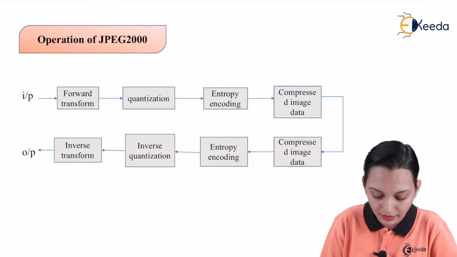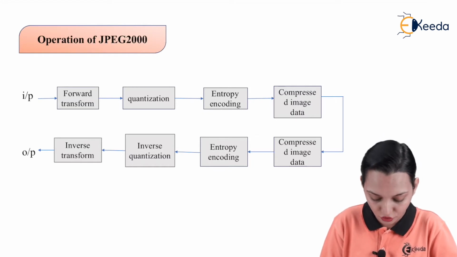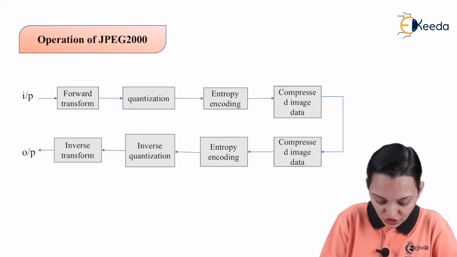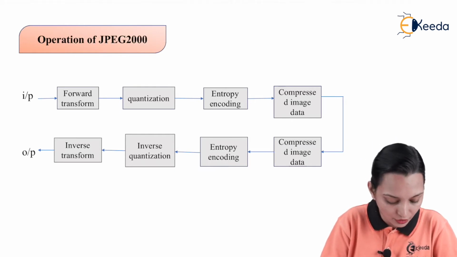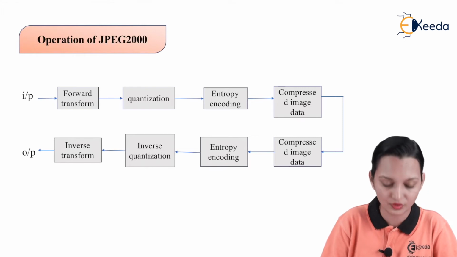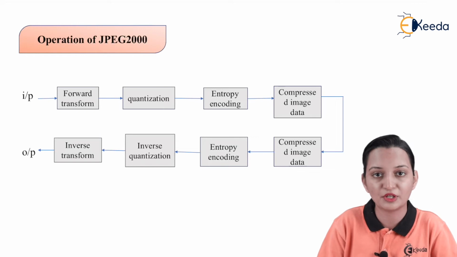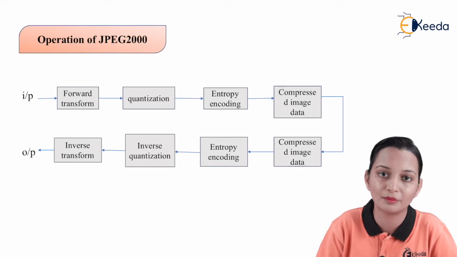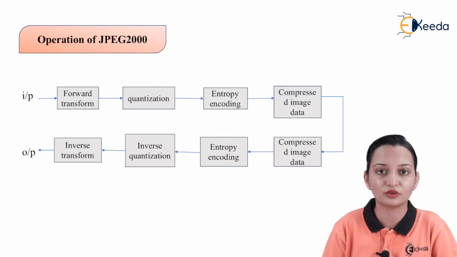After that, the same compressed image data goes through entropy decoding. Instead of quantization, inverse quantization will be performed. Instead of forward transform, inverse transform will be performed to achieve the output, that means to get the original input back. So this is the method for the operation of JPEG 2000.